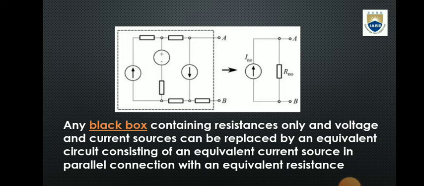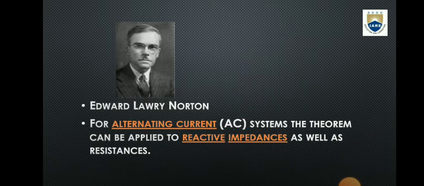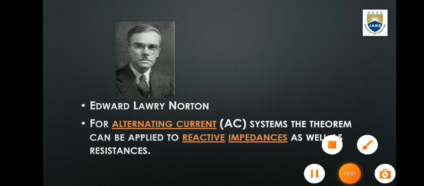Any black box containing resistances only and voltage and current sources can be replaced by an equivalent circuit consisting of an equivalent current source in parallel connection with an equivalent resistance. For alternating current AC systems, the theorem can be applied to reactive impedances as well as resistance.